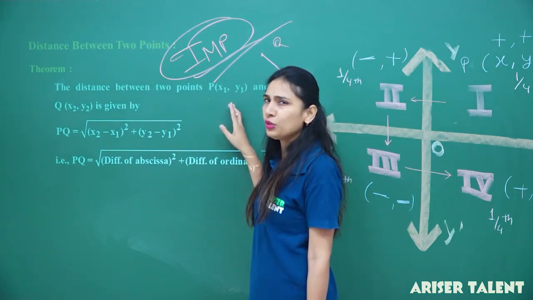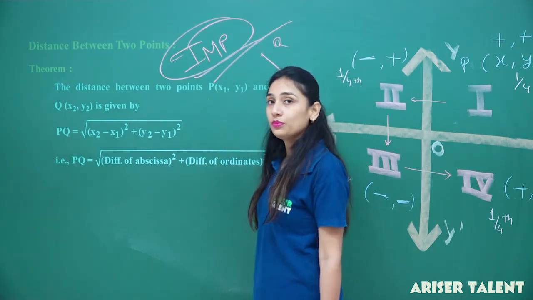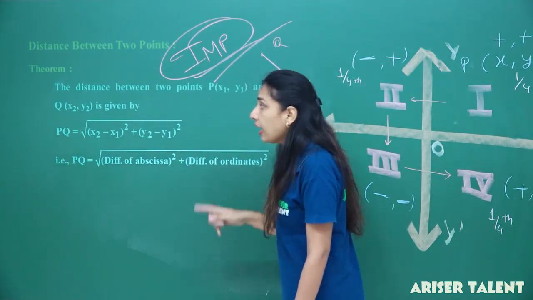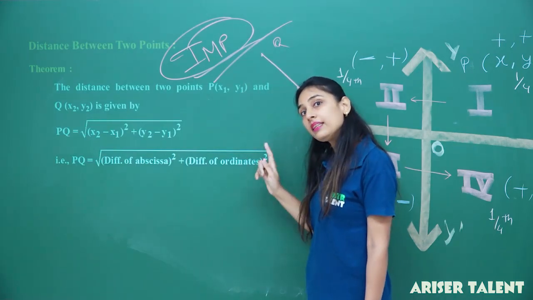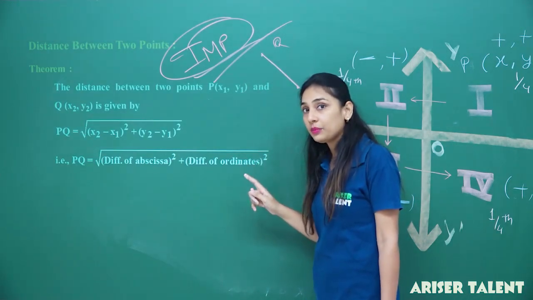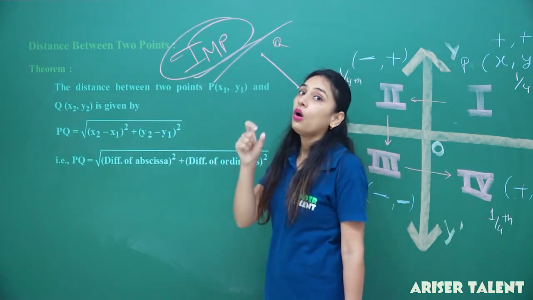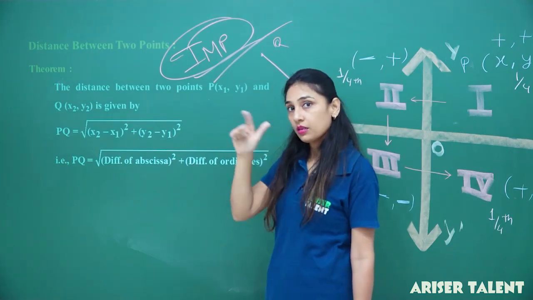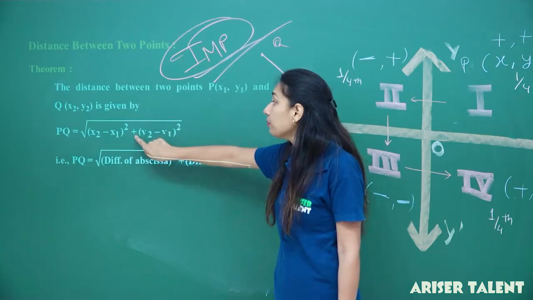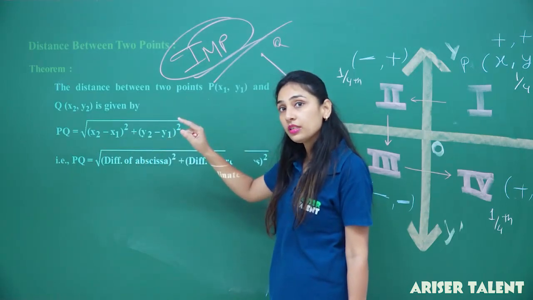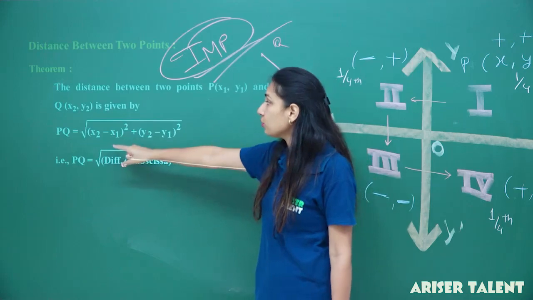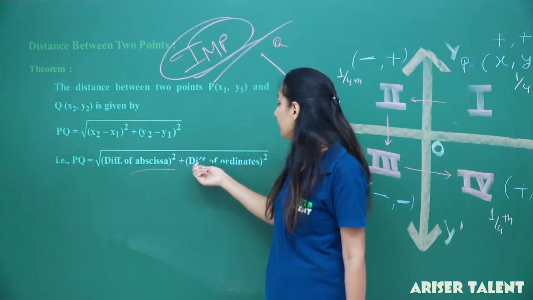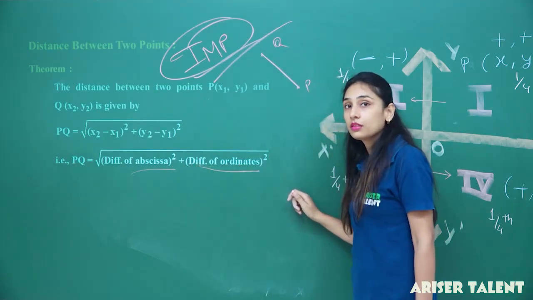So, PQ equals root of (x2 minus x1) whole square, the difference of abscissas squared, plus (y2 minus y1) whole square, the difference of ordinates squared.